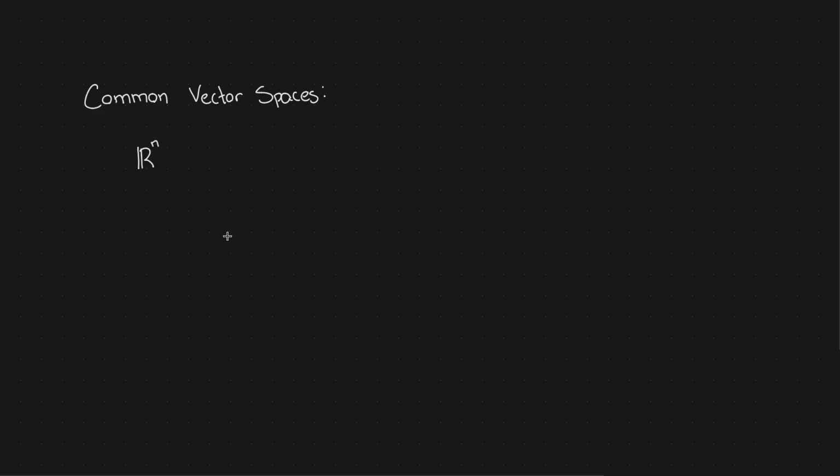So we have the original, of course, Rn with the standard arithmetic operations, vector addition, scalar multiplication as usual. Okay, that's the same vector space we've been using all of this time. It's the vector space that we base all other vector spaces on.